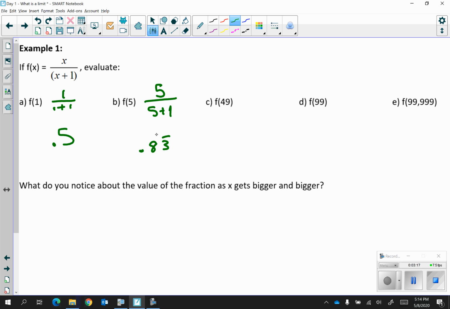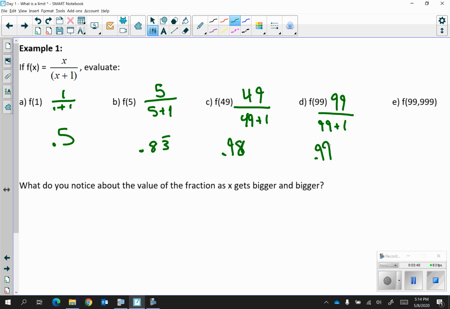0.83 repeating. The next one, 49 over 49 plus 1, so basically 49 over 50, is going to be 0.98. This one, 99 over 99 plus 1, will give you 0.99.